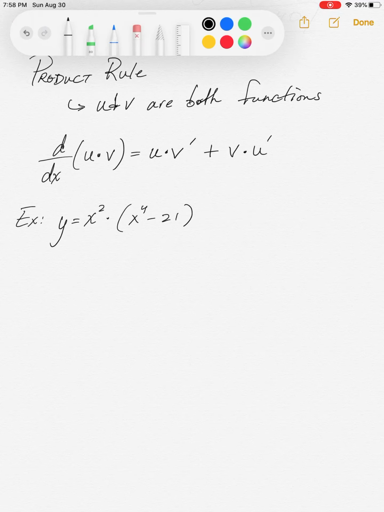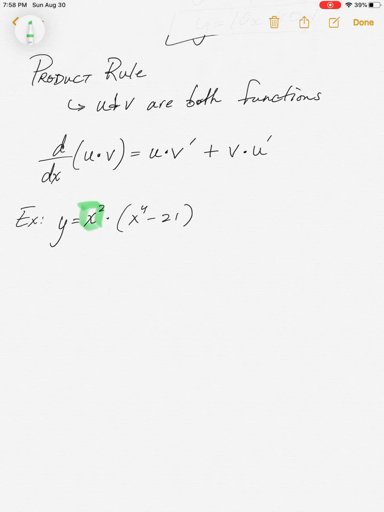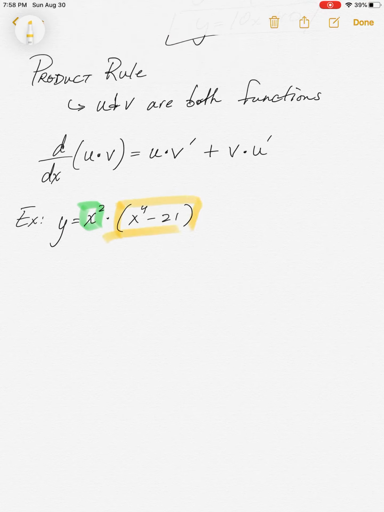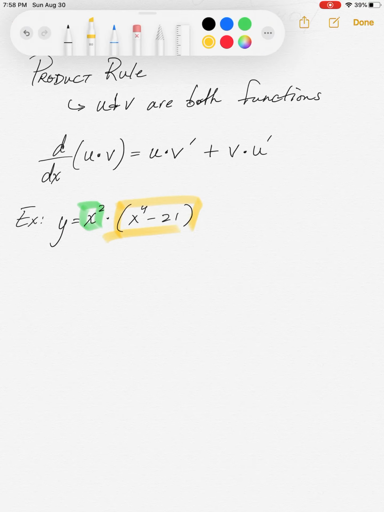First thing I want you to notice is you have two functions right there. Highlighted in green is your u function. Highlighted in yellow is your v function.